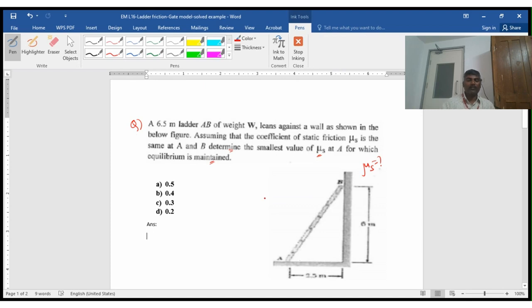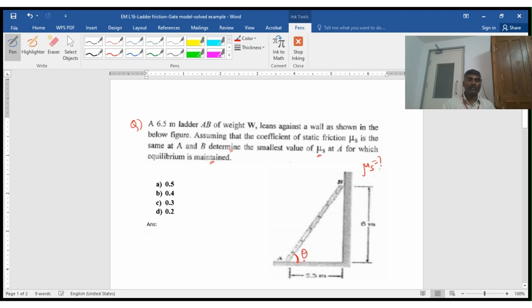So if you try to solve this in a regular fashion, it is going to be a long answer question and it needs some 2 to 3 pages of solution. So here I present to you a short way of solving this. You see here, this is the angle made by the ladder with the floor.